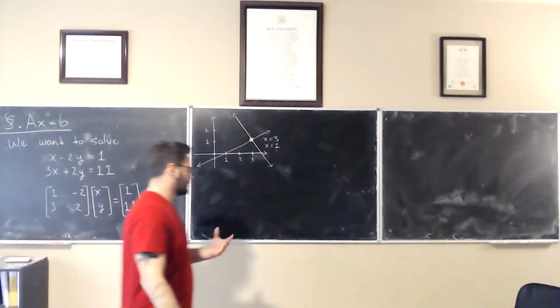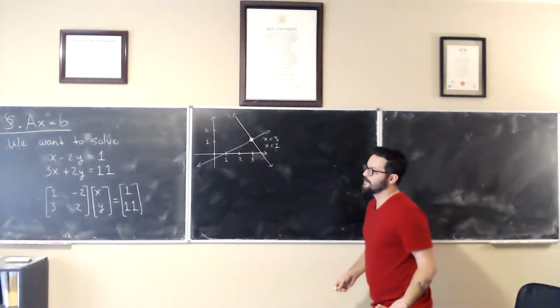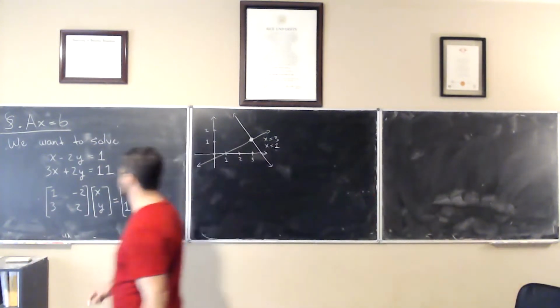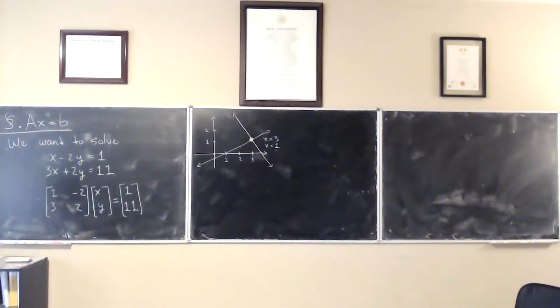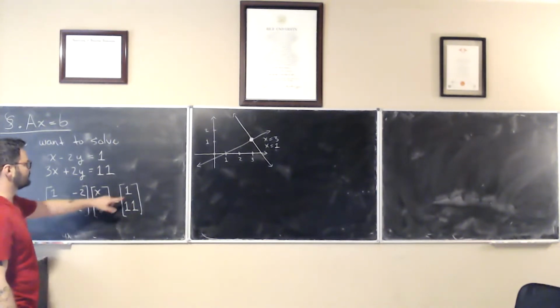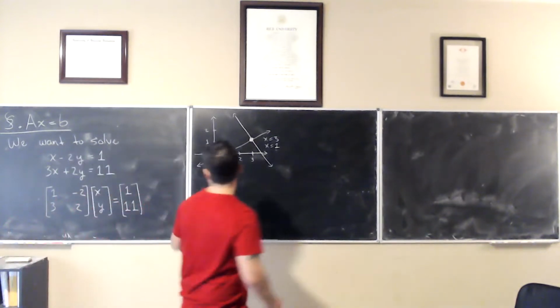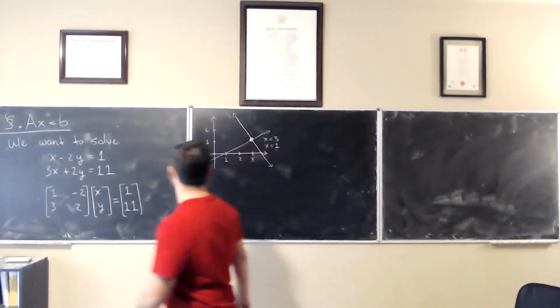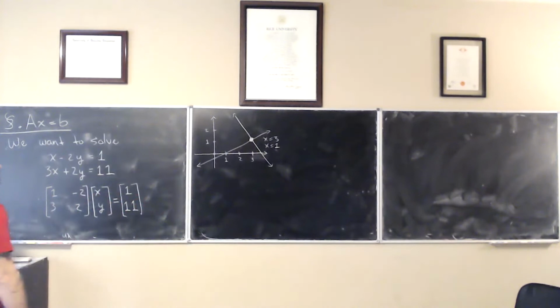There are two different ways to interpret this, right? There is the row way, which is x times 1 plus y times -2 is equal to 1. That's that line that's right over here. Why did it go through 1?